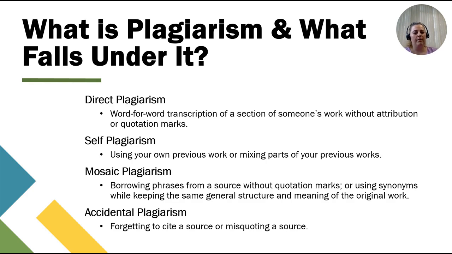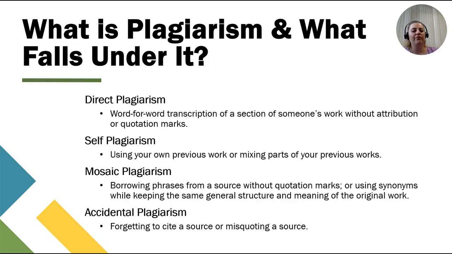That is still mosaic plagiarizing because you aren't changing enough of it. The best way to get around this and make sure you aren't plagiarizing is to read the material, close it away so you aren't looking at it, and then write your thoughts on that topic, what was covered, what information was provided. That's a great way of making sure you aren't accidentally plagiarizing, which leads into accidental plagiarizing.